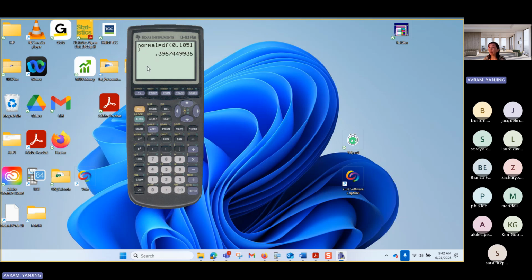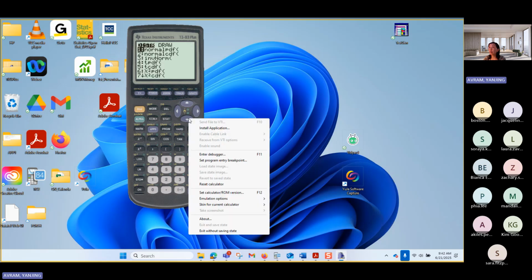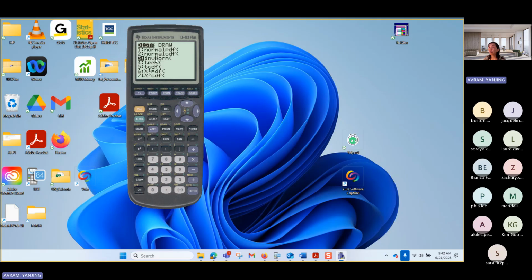That's not the normal one, okay? Let's try it one more time. Inverse norm, number 3, inverse norm, 0.1051. Then I hit enter, and it can still give you the Z-score, negative 1.25, okay?